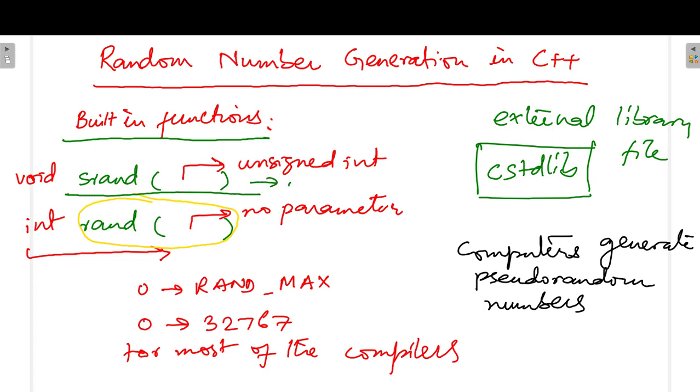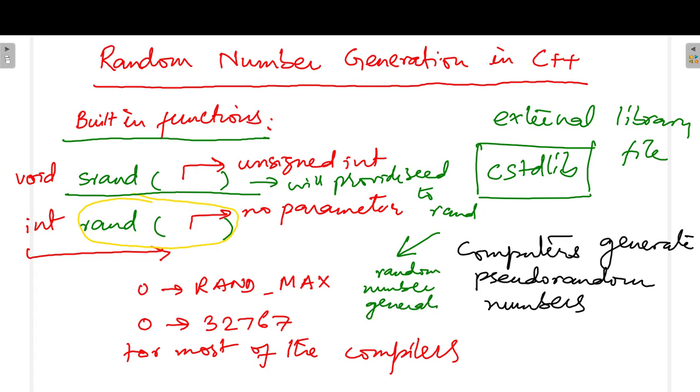So srand will provide the seed to rand, and rand is using a random number generator algorithm.